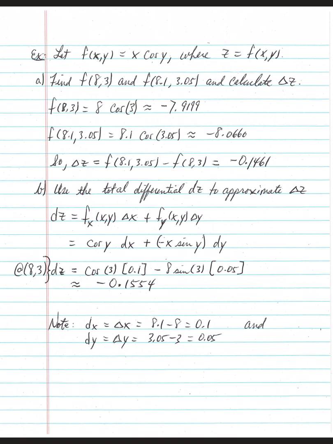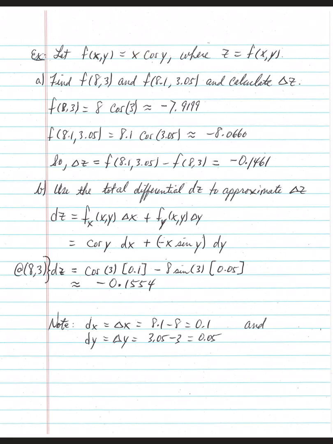If we use a total differential to approximate that, this is the exact change between these two point function values. The total differential for dz, or delta z, however you want to write it. dz is usually pretty typical for the total differential. Partial derivative with respect to x times delta x plus partial derivative with respect to y times delta y. Let's go back up here. Here's our original function.